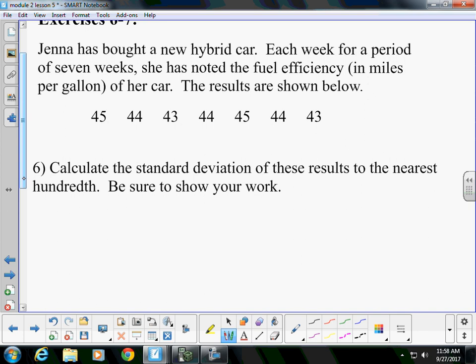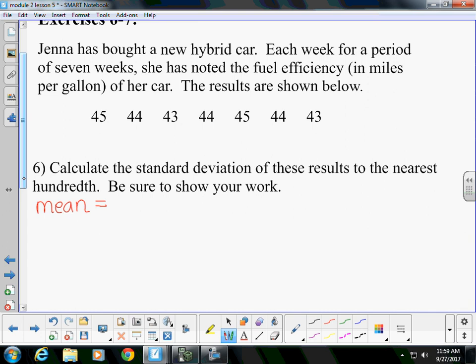So the first thing we want to do is find the mean. Sorry about the bells today. I'm going to add up those numbers and divide.